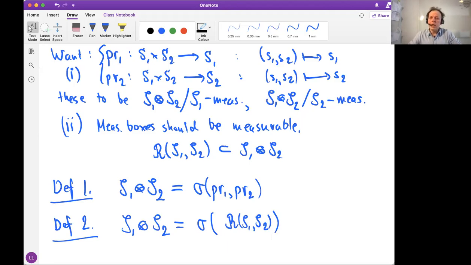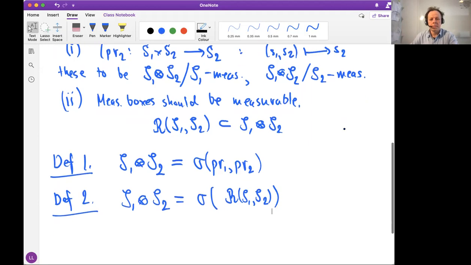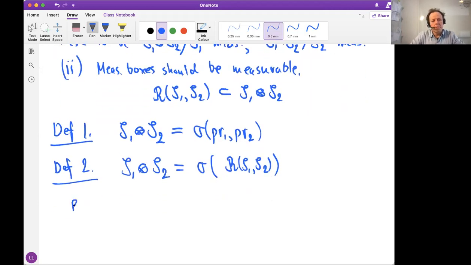Here we have two natural definitions. Which one is the right one? Both, because they are the same.